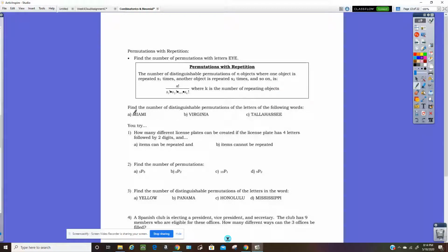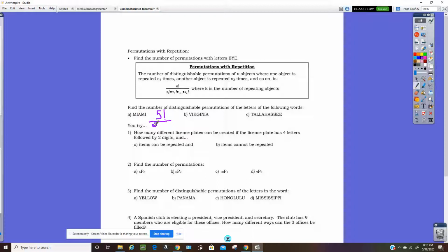So there are some like this on the check for understanding. What you do is you count the letters in the word. So 1, 2, 3, 4, 5. So you're going to have 5 factorial. And then the factorial in the denominator is the repeated letters, and I'll multiply them together. So there are 2 m's and 2 i's.